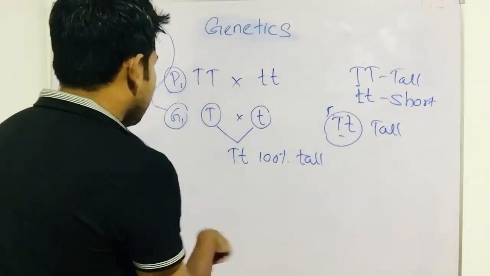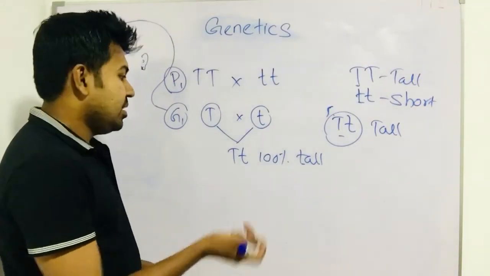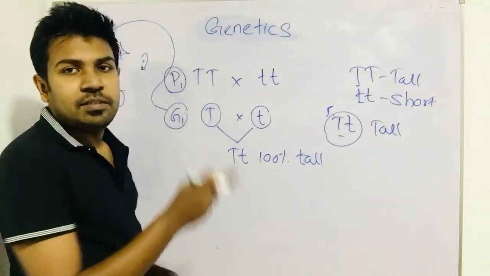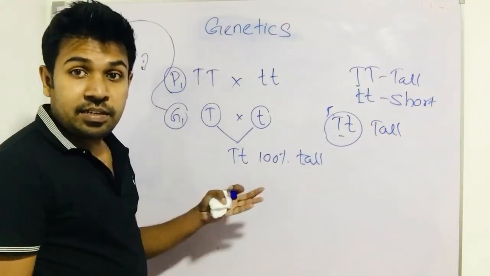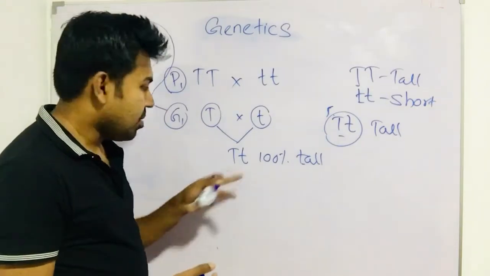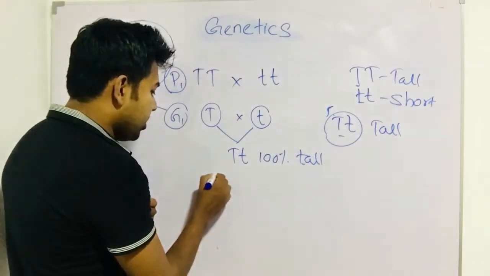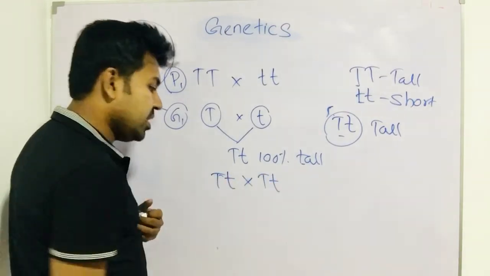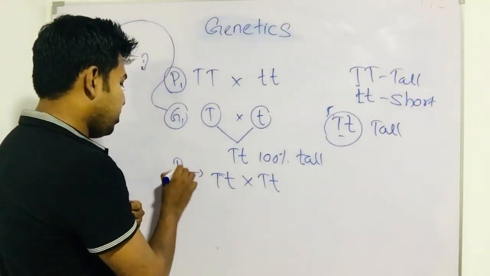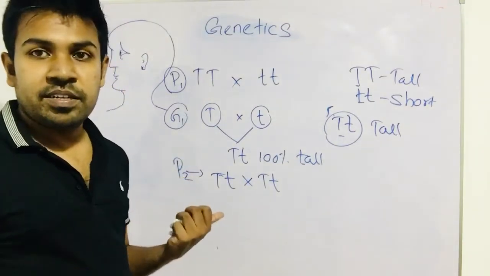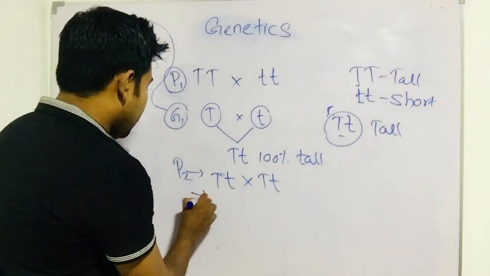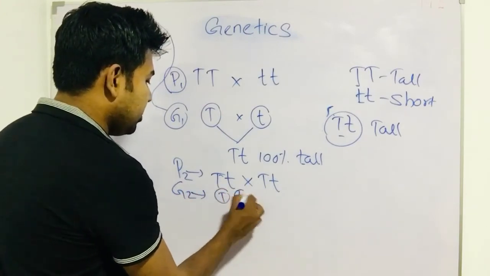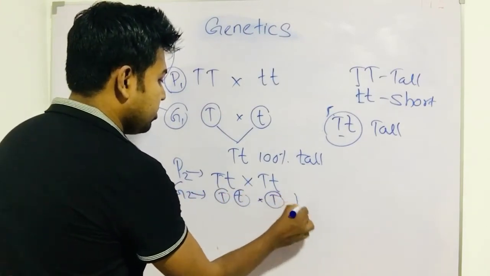Then what he did, he took these capital T, small t plants and did self-pollination among those plants. Self-pollination means capital T, small t and capital T, small t. So that is P2, second generation parents. Then gametes G2: capital T, small t, capital T, small t.